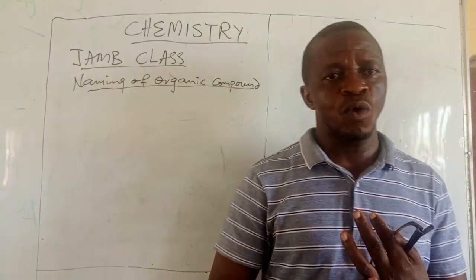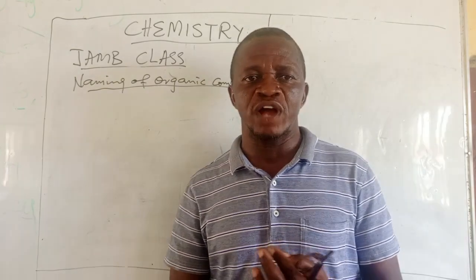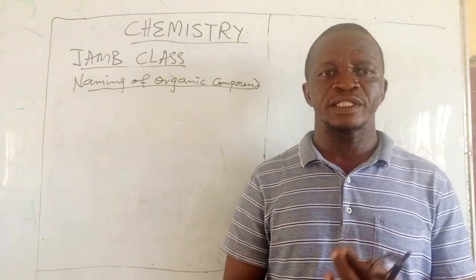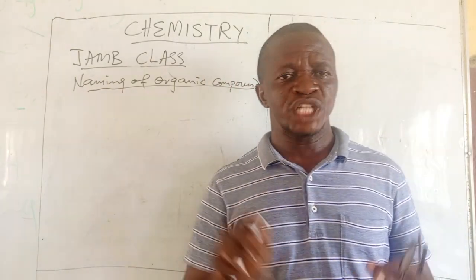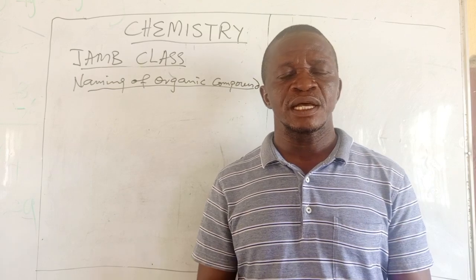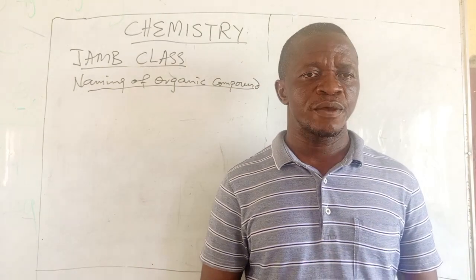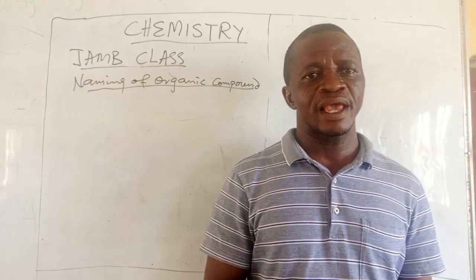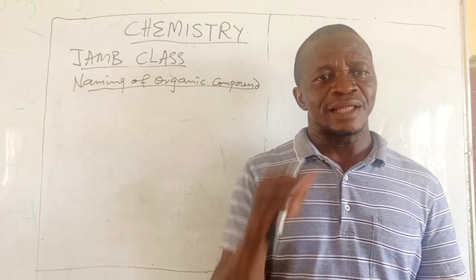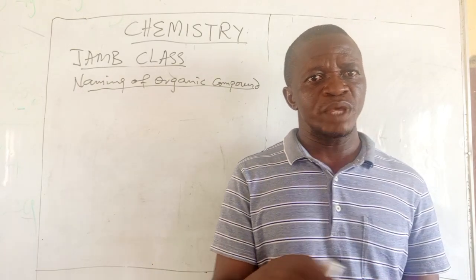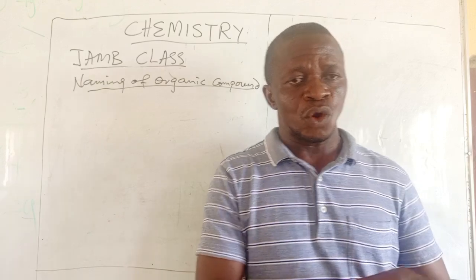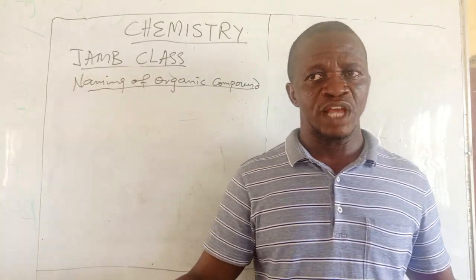So when you know where to start counting the number of carbon atoms present, also check the substituents present. How many are there? What are their names? Where are they attached? To the longest chain of the hydrocarbon.